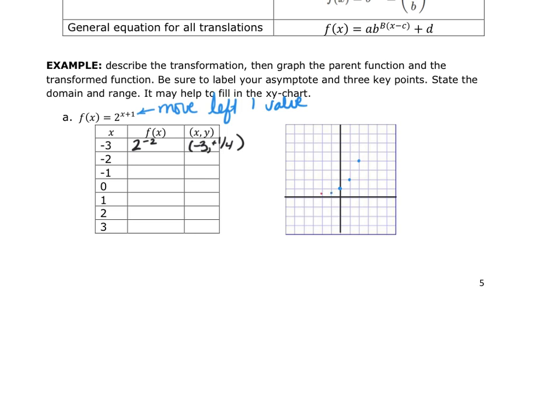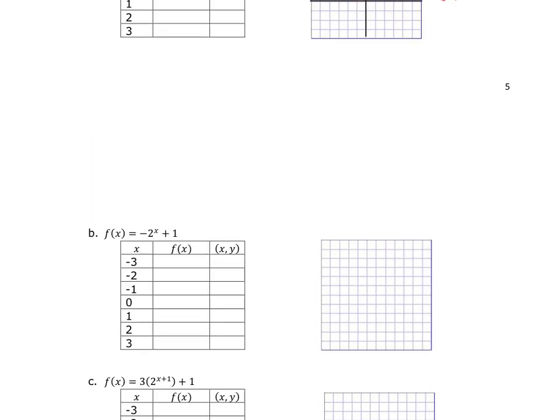So this is going to go here, then here, then here, and then here. So this is my new graph with a transformation where I picked everything up and gone left 1. So my point, which would have been at (0, 1), transforms into (-1, 1), because I've gone back 1, I've gone left 1.